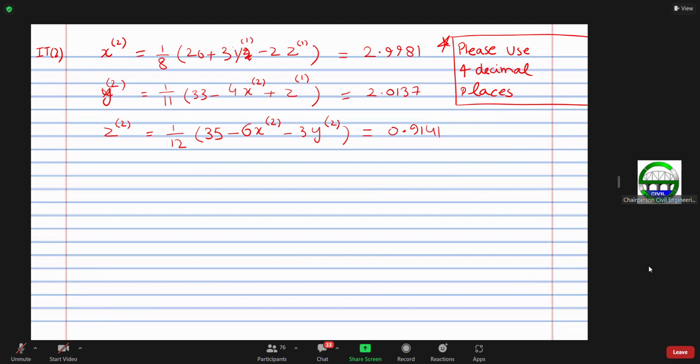Please use 4 decimal places when you solve this type of question in iteration 1. Okay, so this is iteration 2.